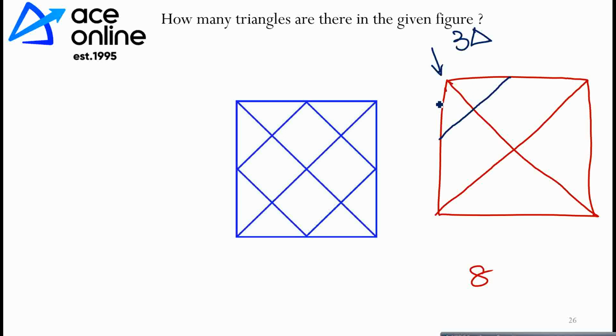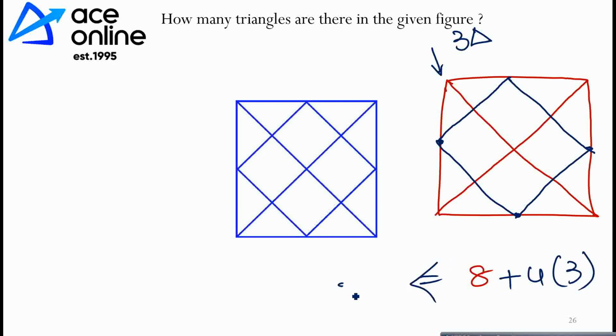Let's take it AB. The other one is AB combined, 3. 3 in that corner, 3 in this corner, 3 in this corner, 3 in this corner. So how many corners? 4 into 3, 12 plus 8, 20.